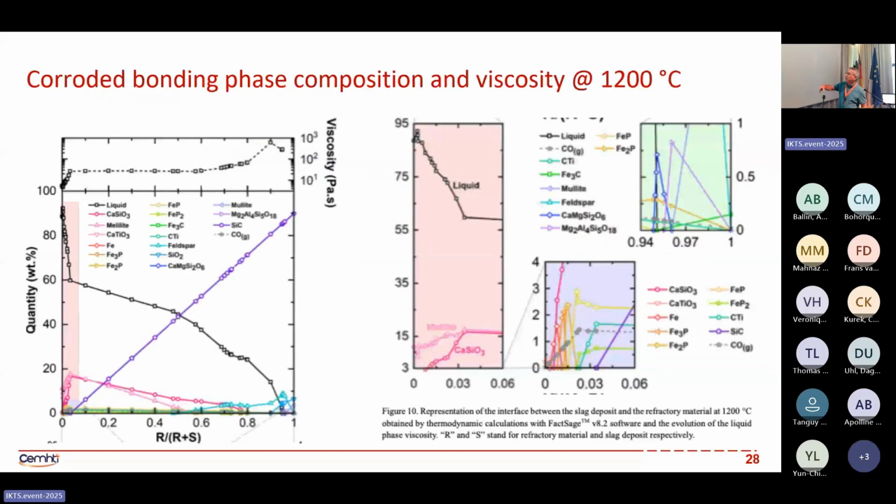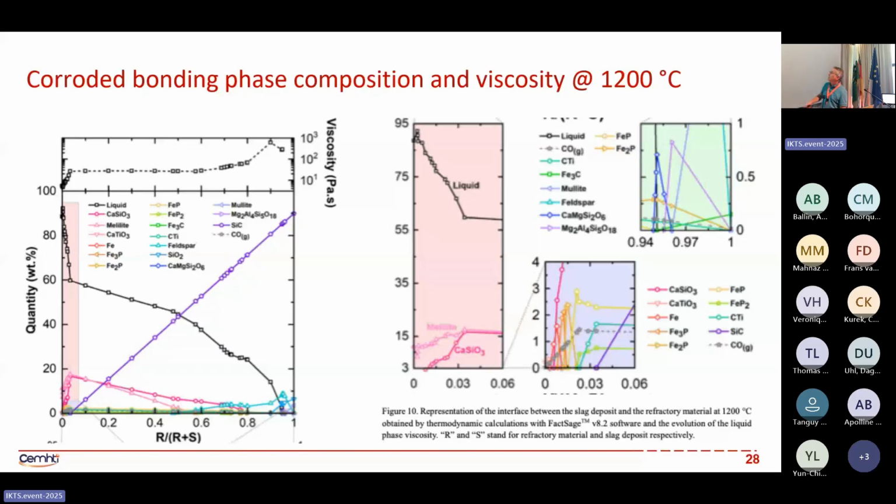Again, we performed some calculation in a concentrated zone around the oxidized silicon carbide with silica, just around, due to the composition. And what we observed was effectively that the viscosity increases strongly, depending on the composition of the liquid, and you have all the calculation we made here with some magnification around this part and around this part.